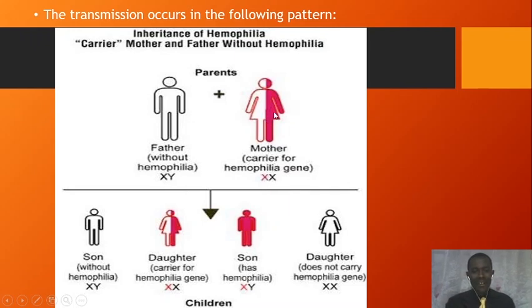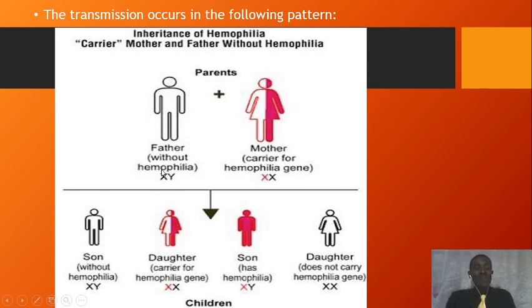Now, the purple color that you are seeing on the screen is for the X carrier. That means that one of the X chromosomes that form this woman is carrying the gene for hemophilia, while the man, the X that formed the man, doesn't have any hemophilia gene.